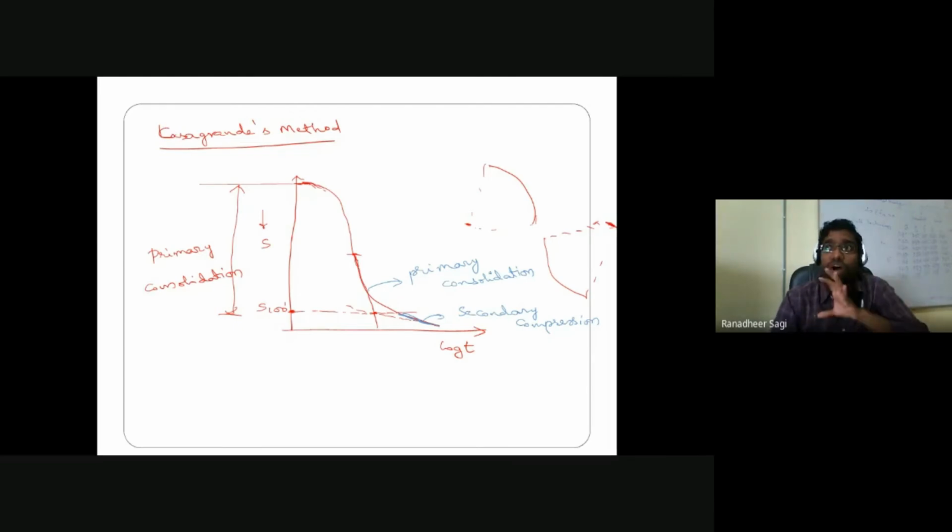But in the case of organic soils or peat type of soils, highly organic soils, the amount of secondary compression you are going to come across is relatively high. Because of the expulsion of water, the amount of settlement is what we call primary consolidation settlement. But in the case of organic soil, you have decay material. With time, the decomposition of the matter happens.